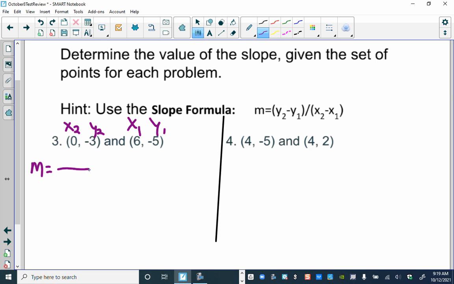Now, very important. This minus sign always stays. And especially when we do this first problem, you're going to see exactly why.